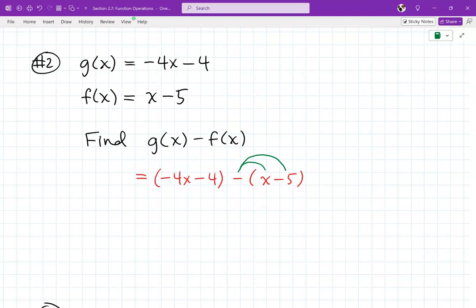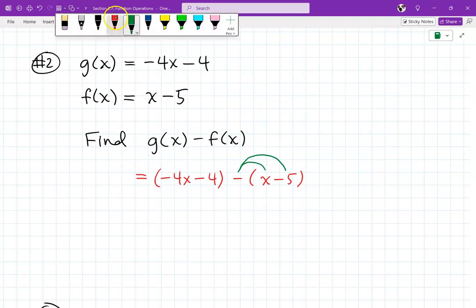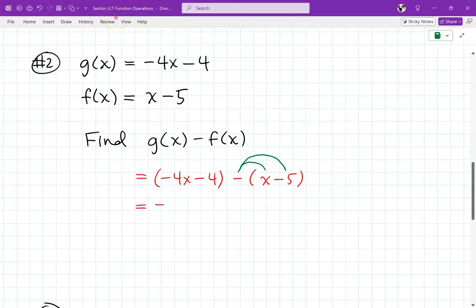Because that negative will affect it. So I'm going to write negative 4x minus 4 minus x plus 5. Again, that negative gets distributed inside of the second function, and it changes the sign. Now, 4x minus x, that's going to be a 3x. Negative 4 plus 5 is a positive 1, and we're done.